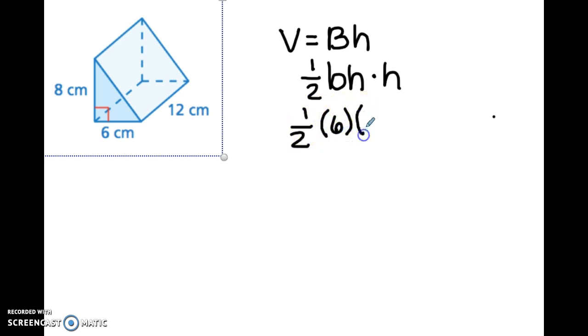The height of our triangle is 8. And the height of our prism is 12. So plug that into your calculator. 1/2 times 6 times 8 times 12. We get 288. And don't forget about your units, centimeters cubed. So the volume of this triangular prism is 288 centimeters cubed.